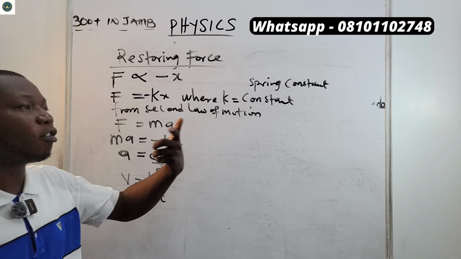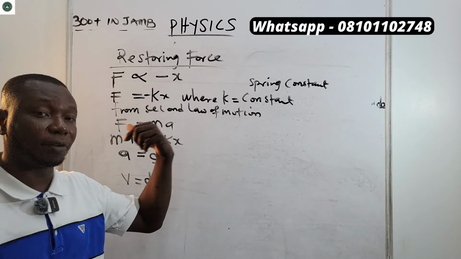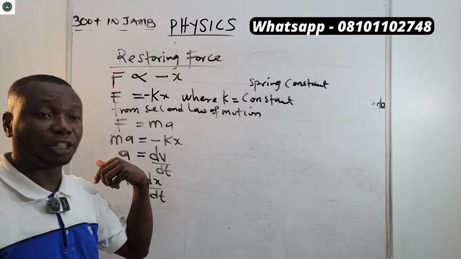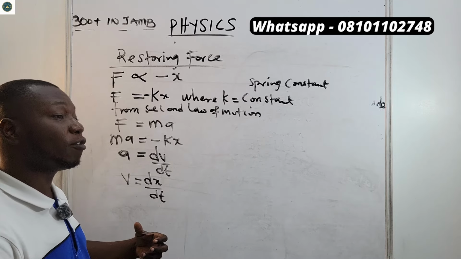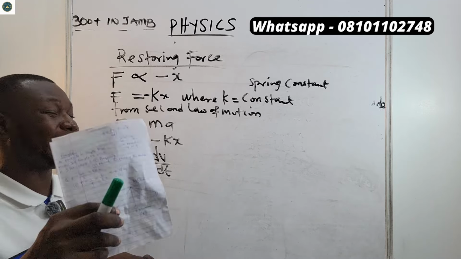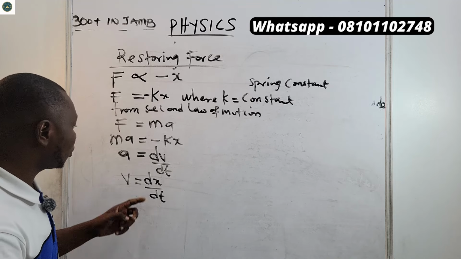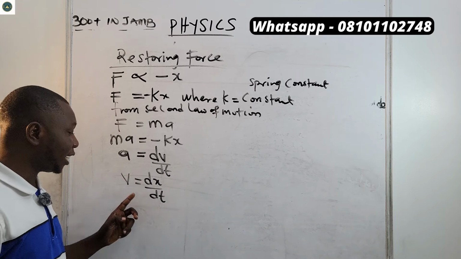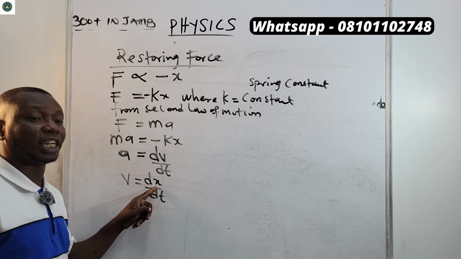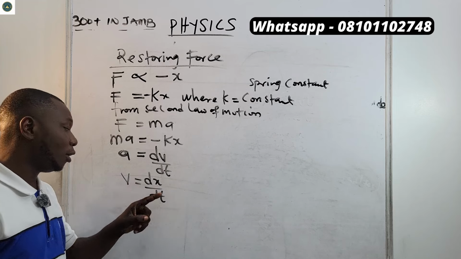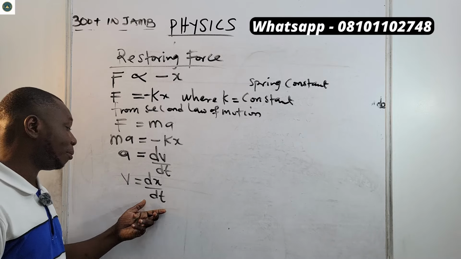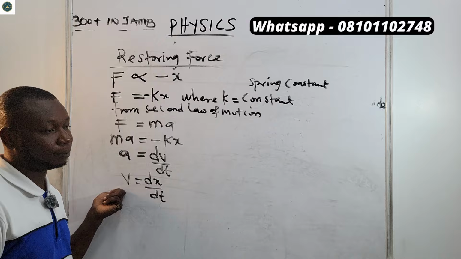Now, what brought about the acceleration? There was a movement of the block, from the block and the spring I drew. There's a movement of the block which causes the elongation in the spring. So definitely there is a movement. Since there is a movement, there is a change in displacement per unit time. Change in displacement per unit time gives rise to what? Velocity.